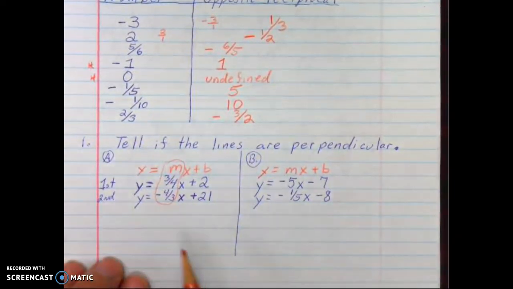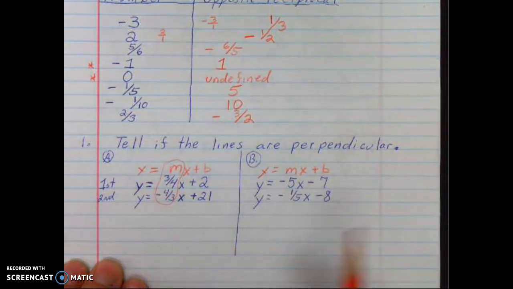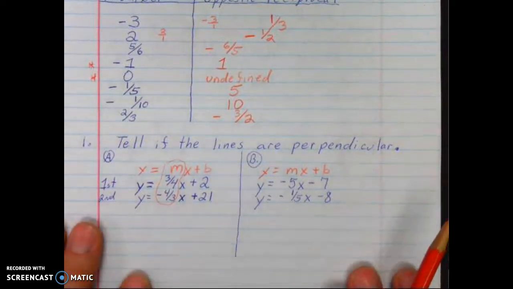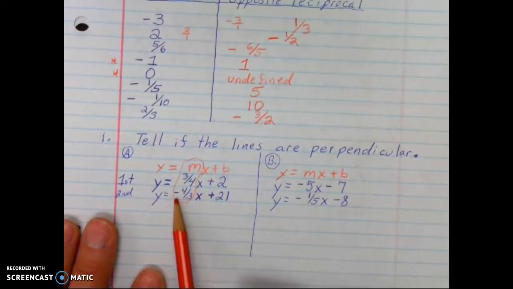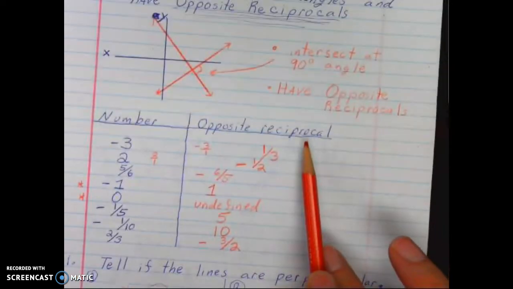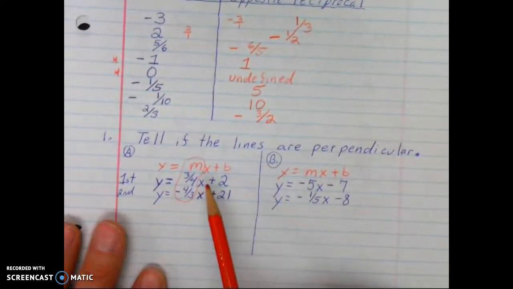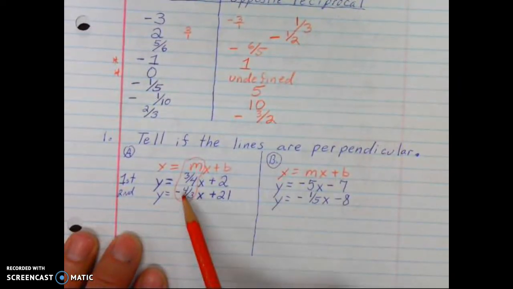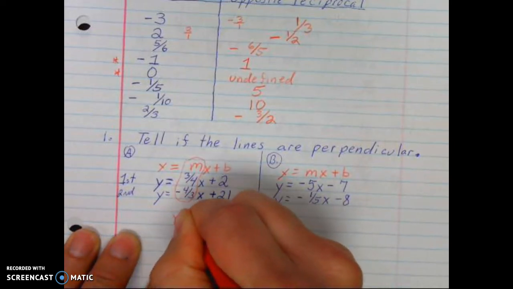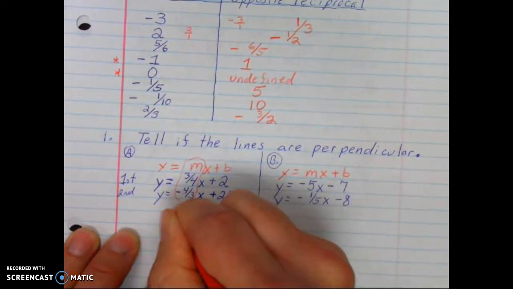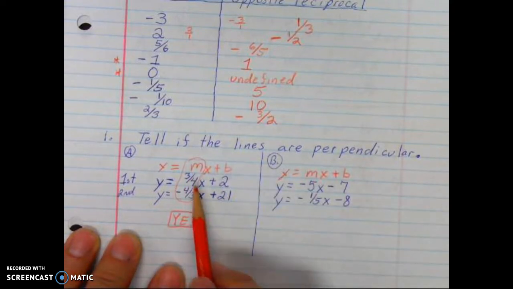We're comparing 3/4 to -4/3. So the question is, we started off with a positive, so did we get an opposite? Well, this one's negative, so looking good. And then do we have a reciprocal? Did they flip it? Yep, they put the 4 on top. So this is yes. This is perpendicular lines because these have opposite reciprocals.